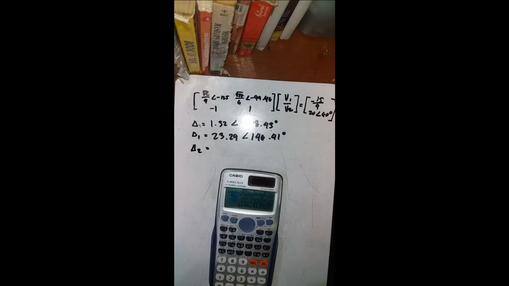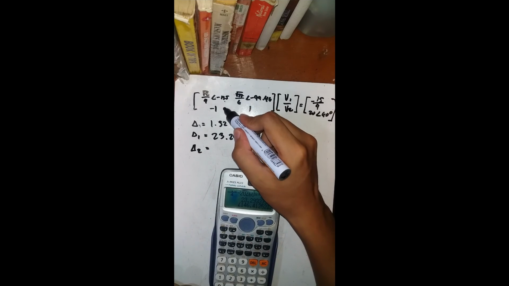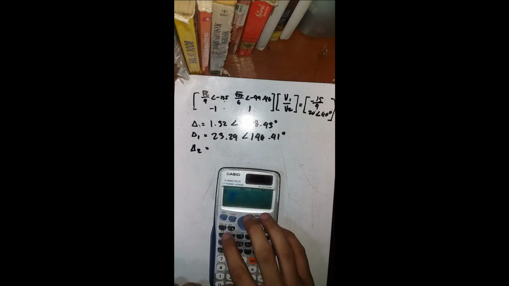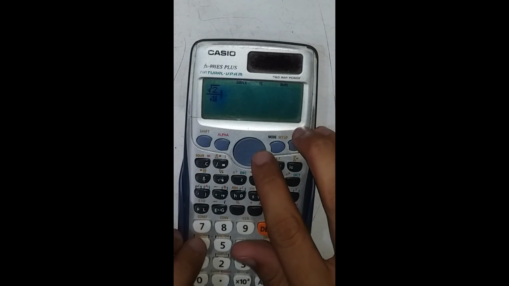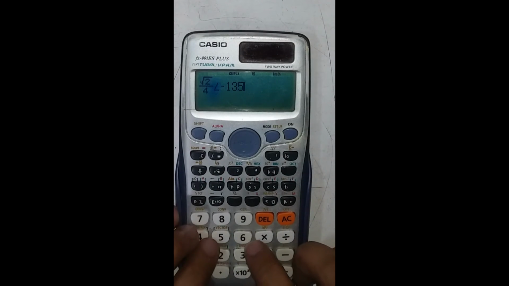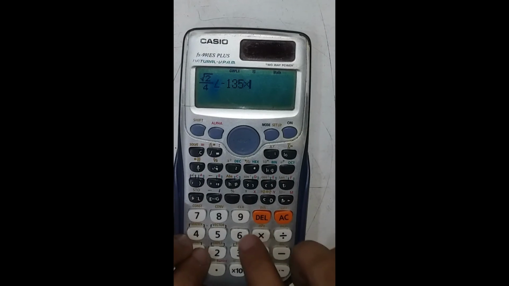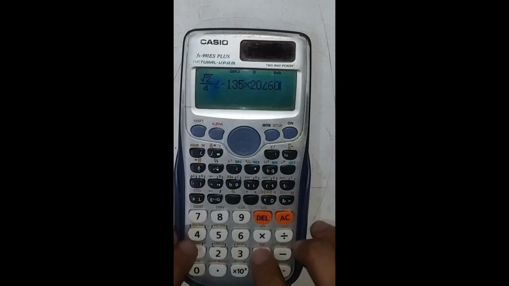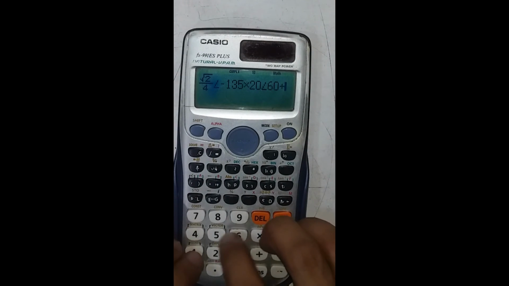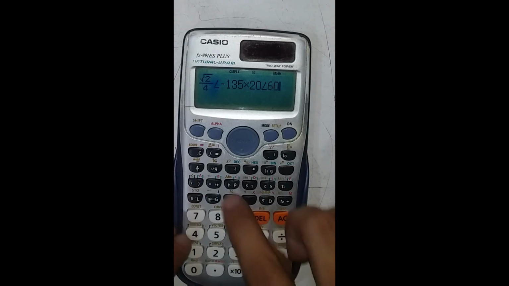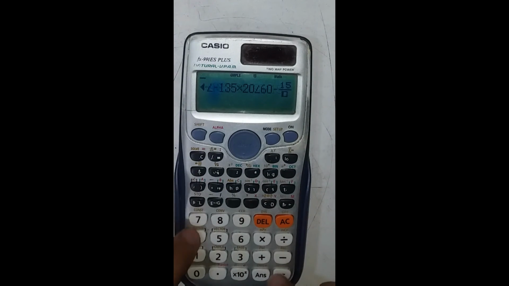And our last, determinant 2. Here we will use this and this one. So we have your square root of 2 over 4 angle of negative 135 times your 20 angle 60, minus negative 1, so it's plus, your negative 15 over 4.